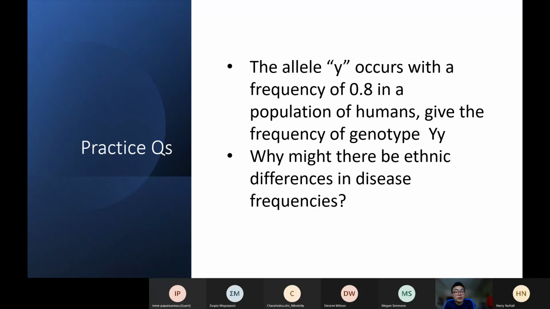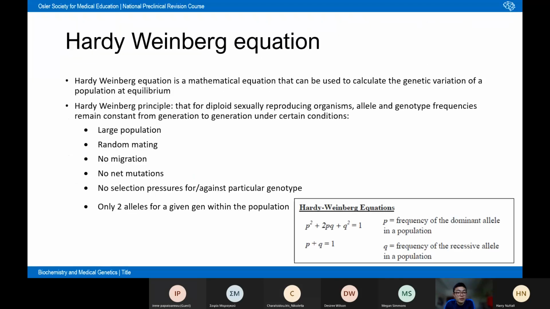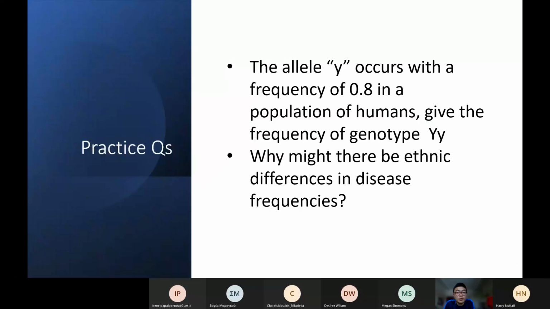So p equals 0.2, q equals 0.8, and then if we refer back to the equation, this heterozygote genotype 2pq is simply 2 times 0.2 times 0.8, so our answer here would be 0.32 as the frequency of the genotype capital Y, small y.